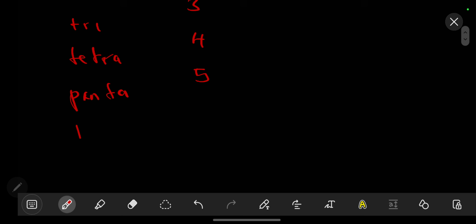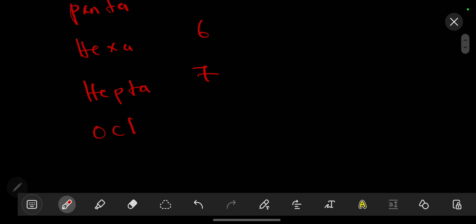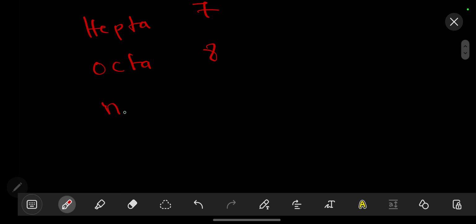When we say hexa, that means 6. When we say hepta, that means there are 7. When we say octa, that means to say there are 8. When we say nona, that means to say there are 9. When we say deca, that means to say there are 10.